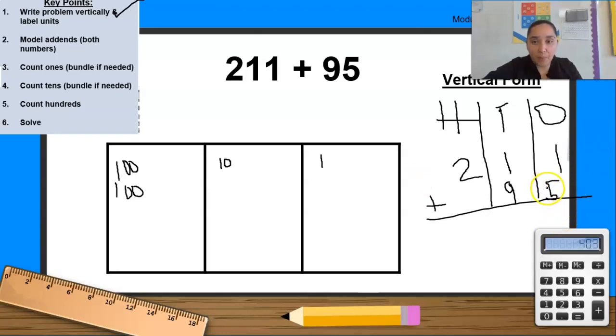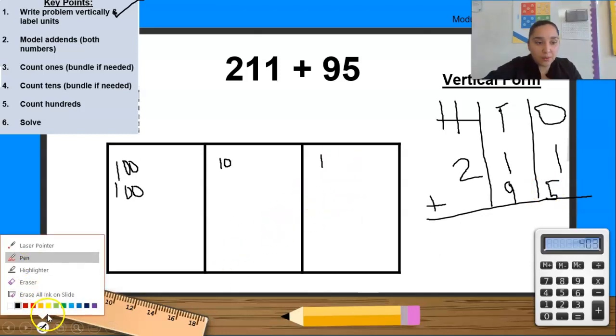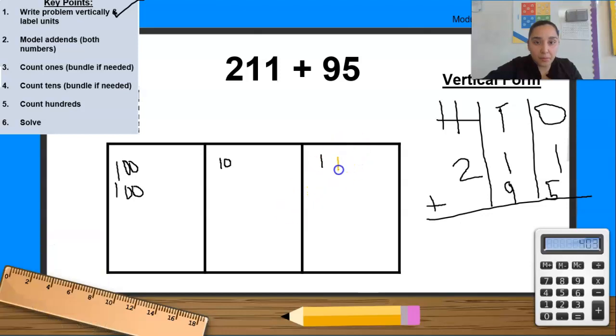I draw how many ones? Yes, 5. I start a new column, boys and girls. So I go 1, 2, 3, 4, 5. How many tens do I draw? Yes, 9 tens.